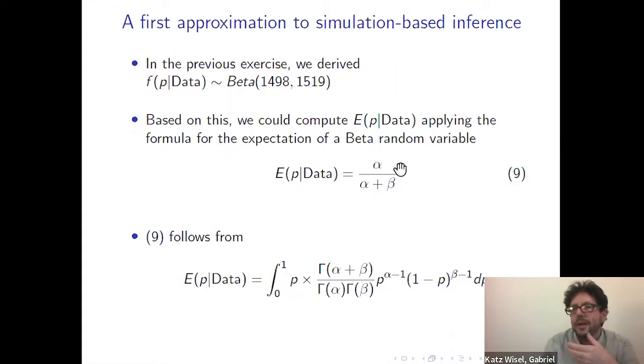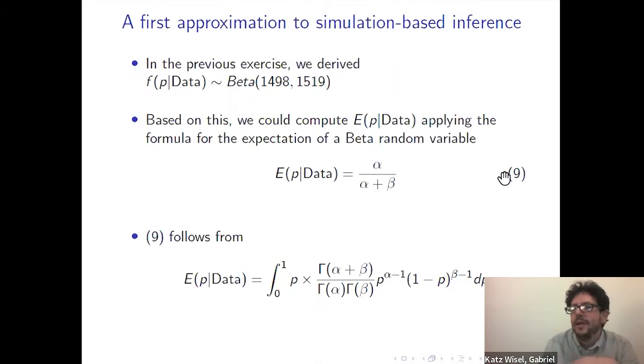In the previous example, everything was very smooth in the sense that we could easily derive the posterior distribution of the parameter P, which turned out to be beta, and we could then apply very nice formulas to compute the posterior mean of this beta distribution, or to compute the probability that... ultimately these formulas come from solving certain integrals.